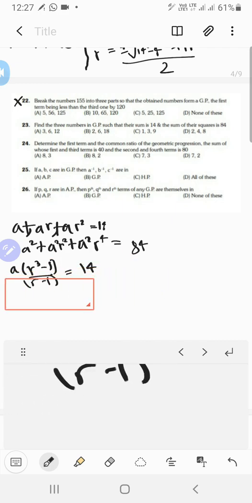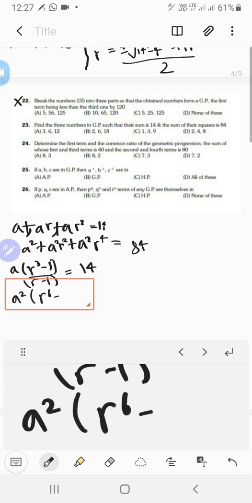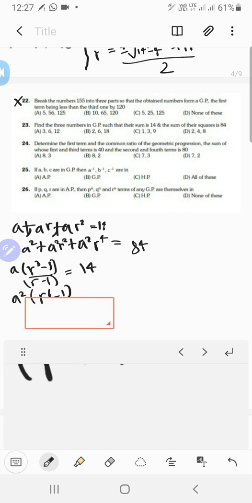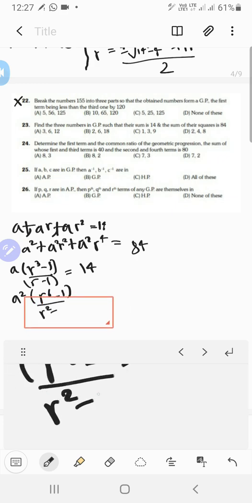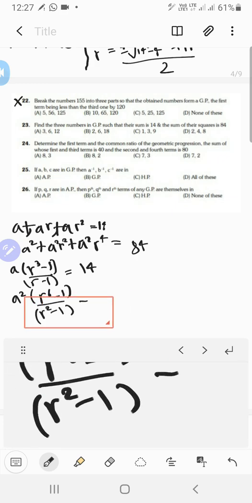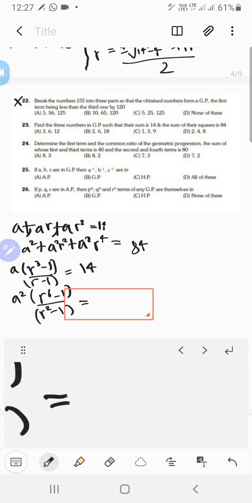And over here you get a squared times r to the 6th minus 1 upon r squared minus 1, that's 84.